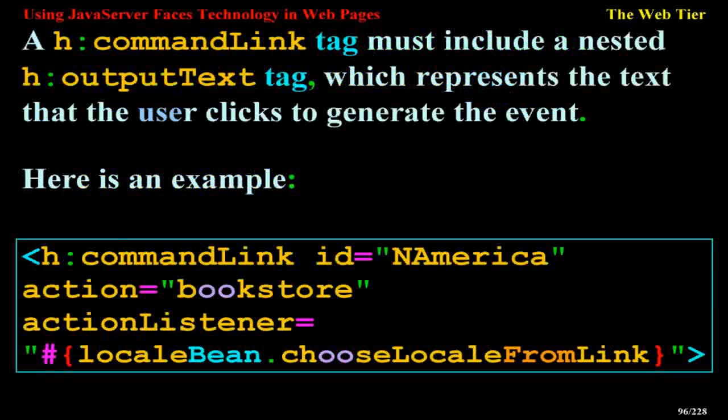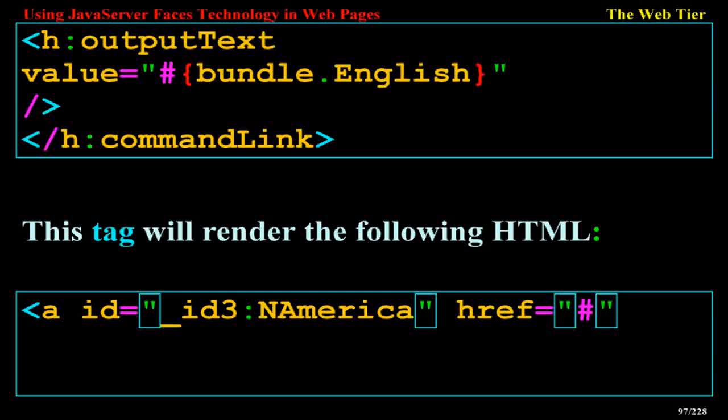Here is an example. h:commandLink id="NAmerica" action="bookstore" actionListener="#{localeBean.chooseLocaleFromLink}", h:outputText value="#{bundle.English}", /h:commandLink.